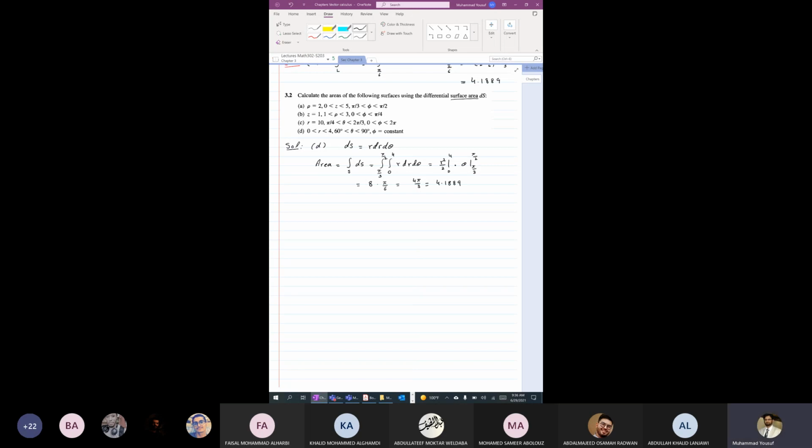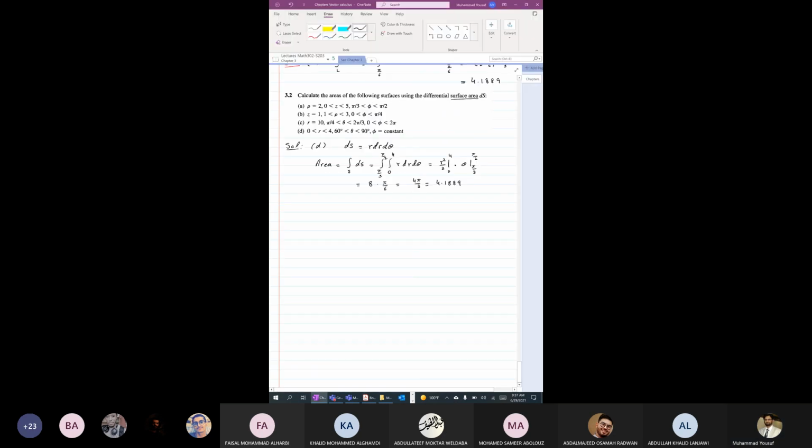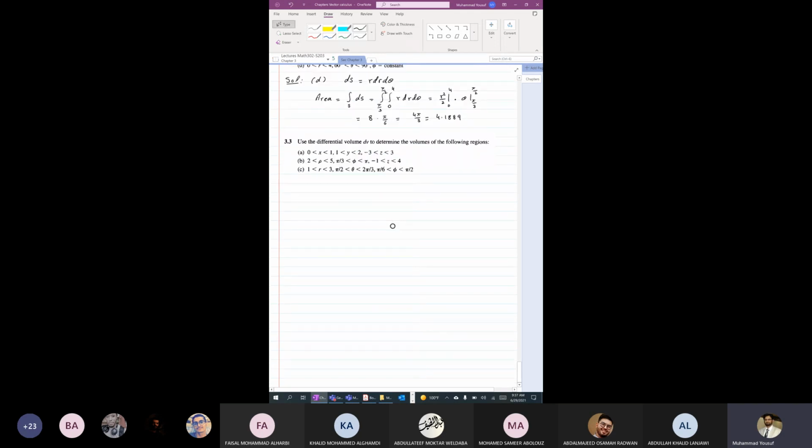So this is the next one. And here now you see one with the differential dV to find volume. Let me just put it here. And this question is about volume. Here again we have A, B, C part. Let me show you one of them.